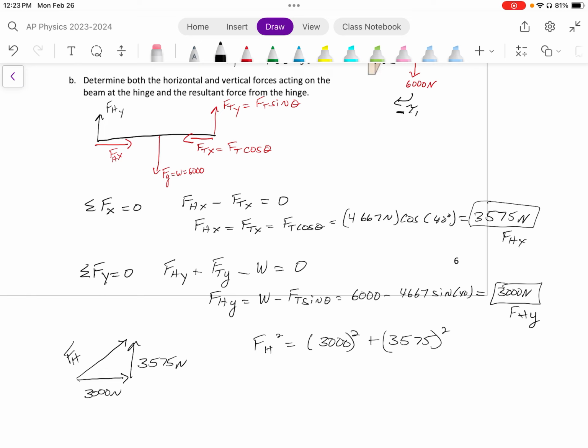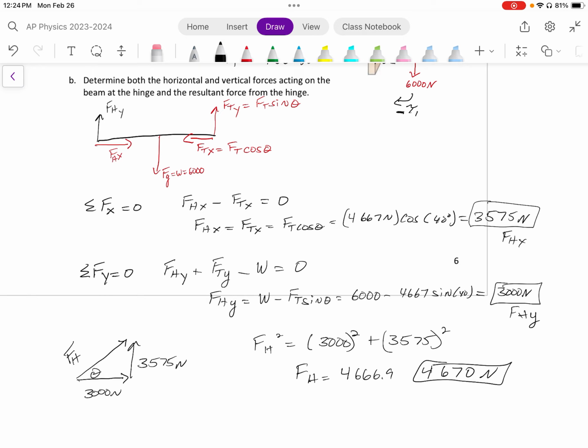Let me do that quick. Okay, I got the force of the hinge is equal to 4,666.9. We'll say 3 sig figs, that's usually what they ask for. But that doesn't tell me the angle.